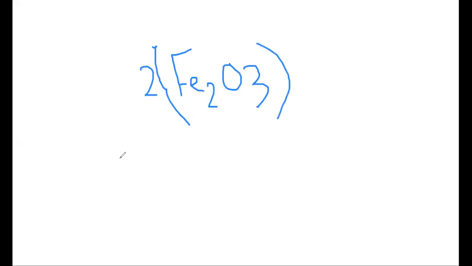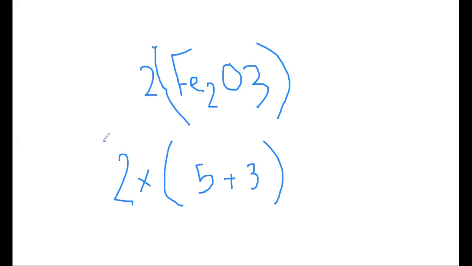It is like in math, when you say 2 multiplied by, for example, 5 plus 3, this 2 multiplies all of them. And for example, can you tell me how many atoms of iron we have in this equation?